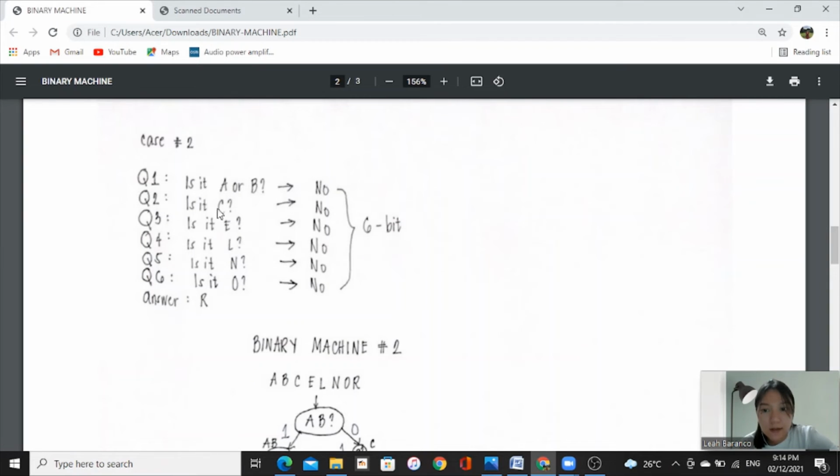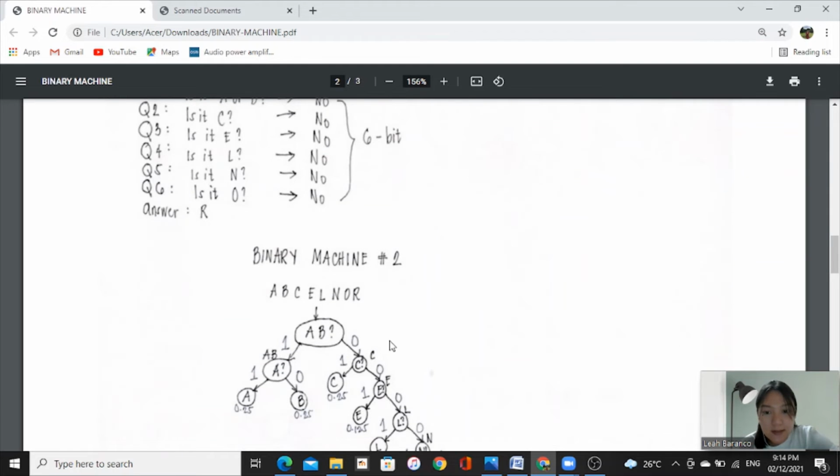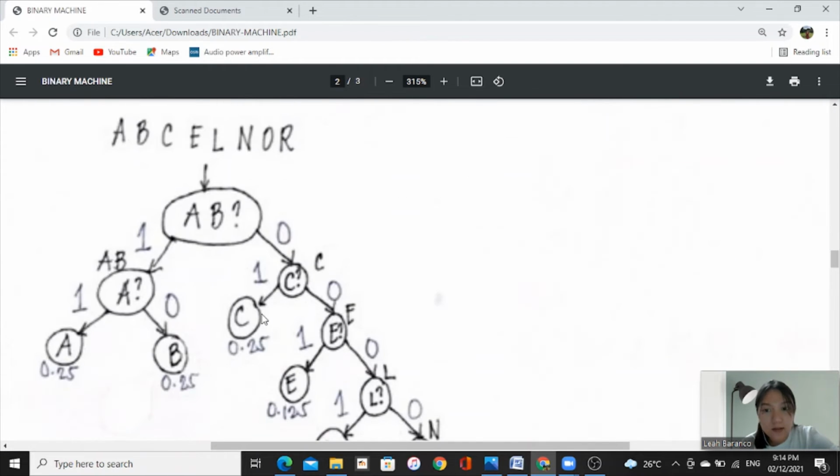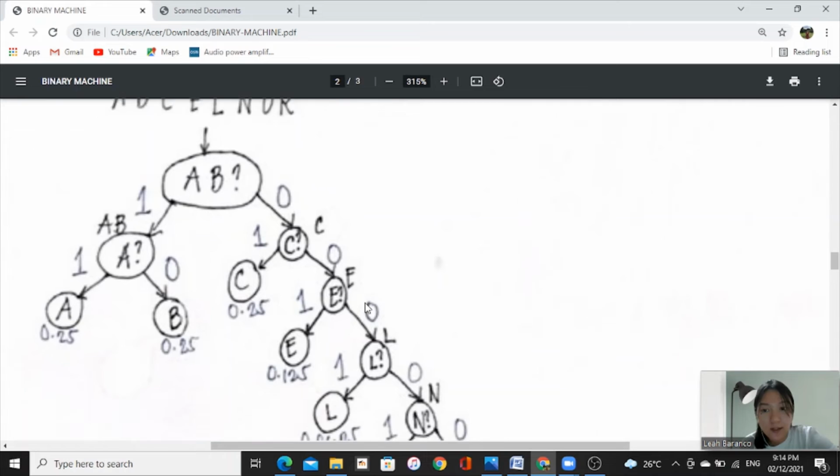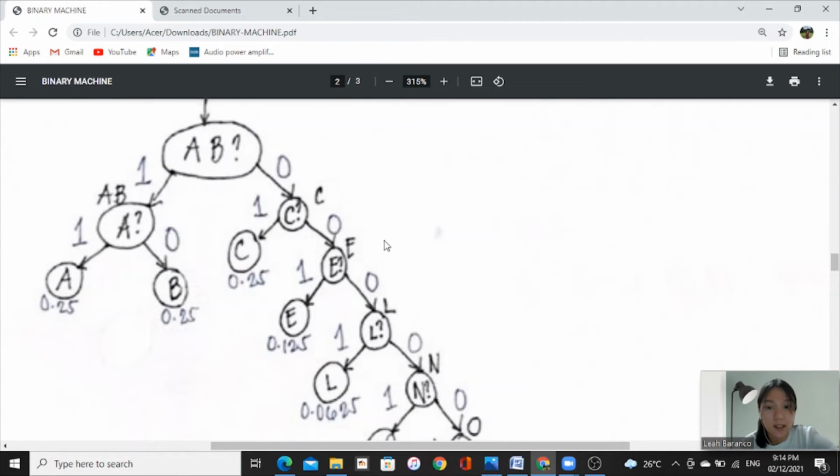And if it is false, then it would ask the second question, which is, is it C? And if this is true, then the probability of C is 0.25. If it is false, then it will ask the third question, which is, is it E?